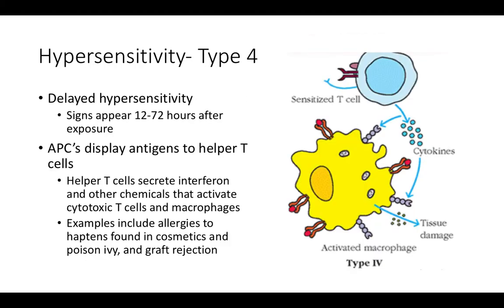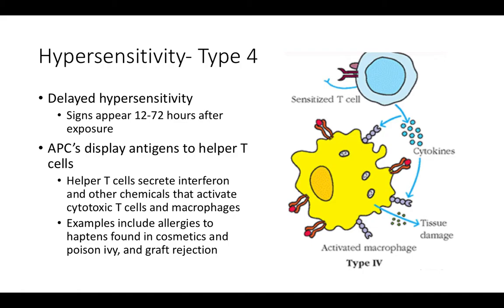And then finally, in the final type of hypersensitivity called delayed hypersensitivity, we don't see signs for 12 to 72 hours after exposure. And so this type of sensitivity is what we've already discussed. Antigen-presenting cells display the antigens to a helper T cell, and in response, that helper T cell will secrete cytokines or other chemicals like interferons that'll activate cytotoxic T cells and macrophages.